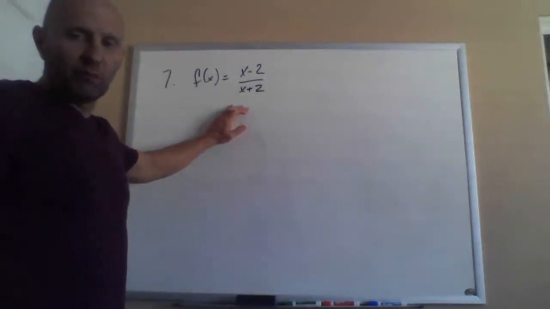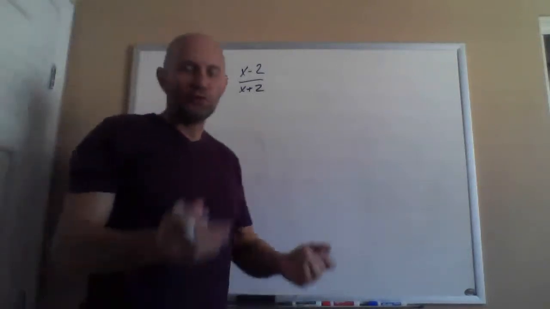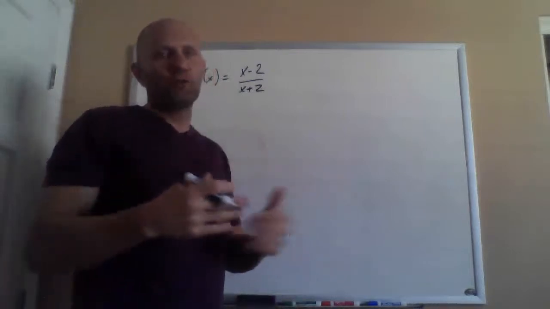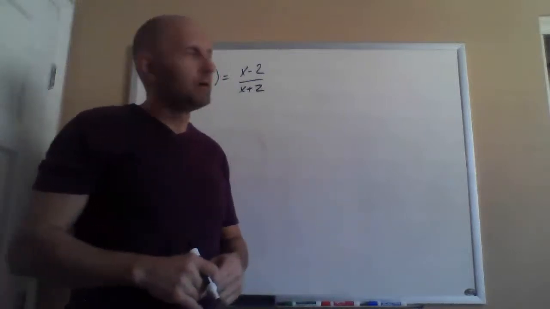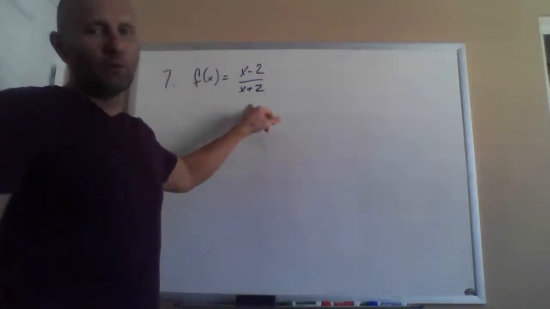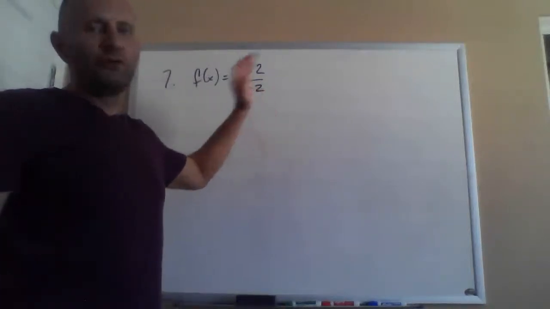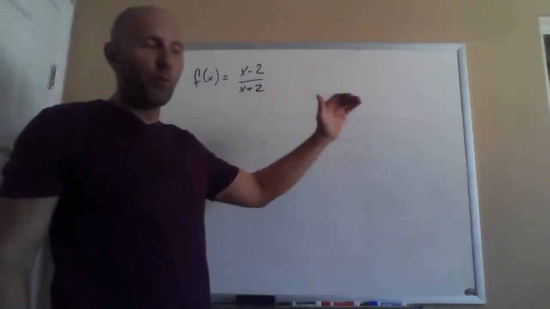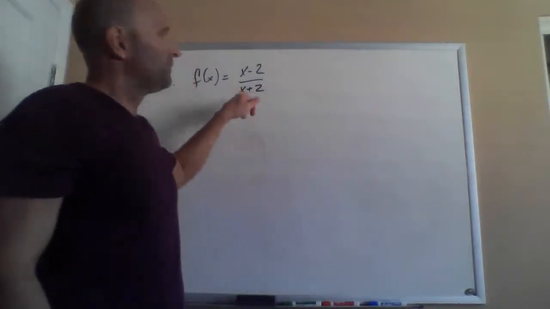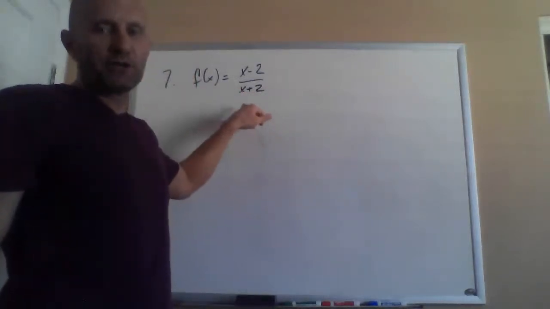The last one we did was pretty straightforward. We just moved a couple pieces around, took a square root, and we were done. This one is a lot more difficult. So I'm going to give you the steps of what you need to do to find the inverse of a rational function.